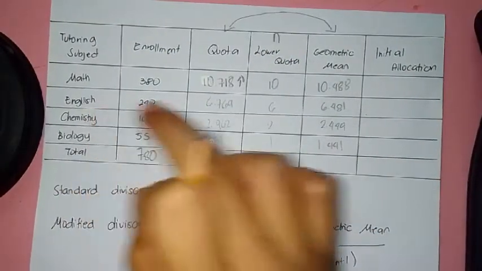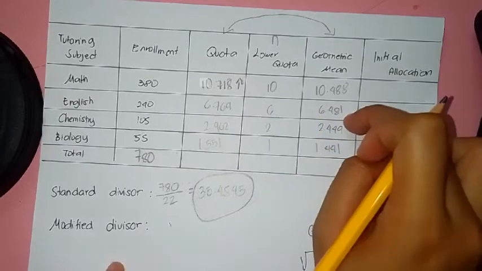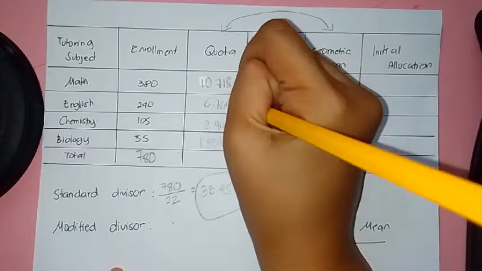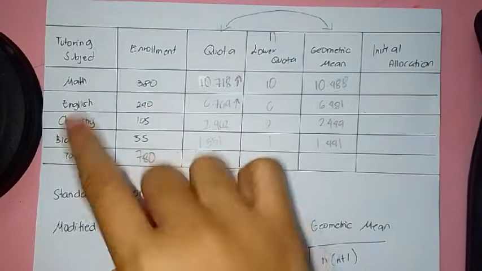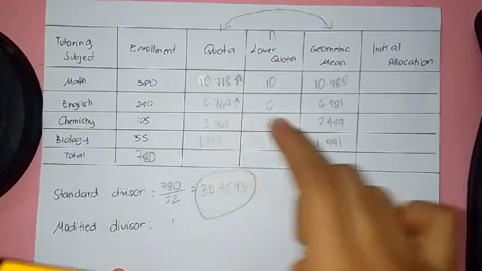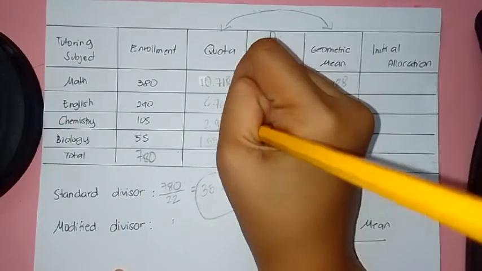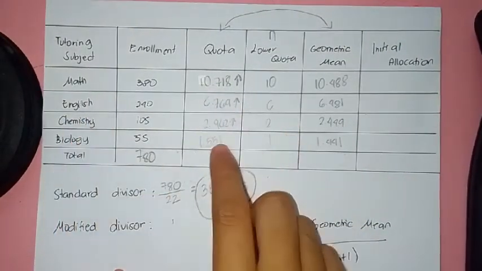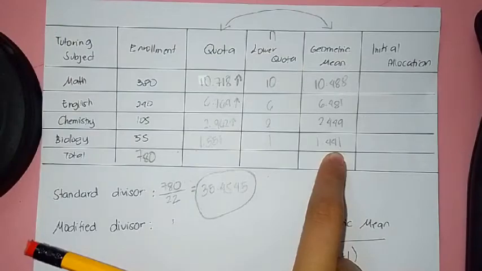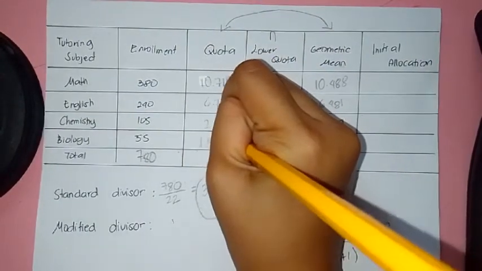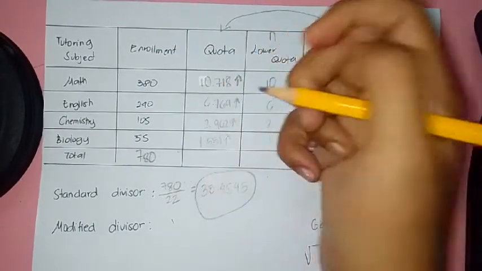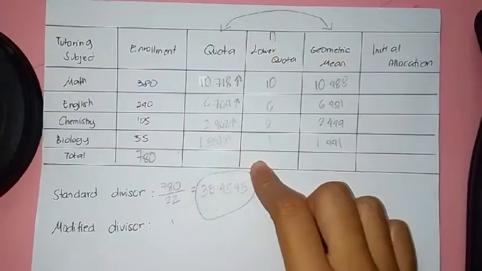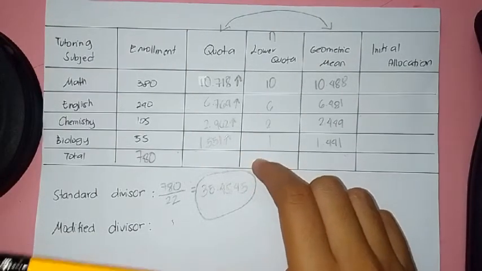Same in English, chemistry, and biology, the quota is larger than the geometric mean. Which means in that case, we round up the quota.